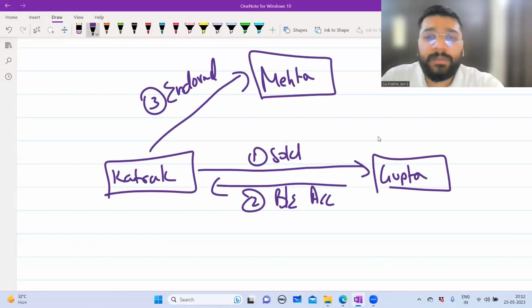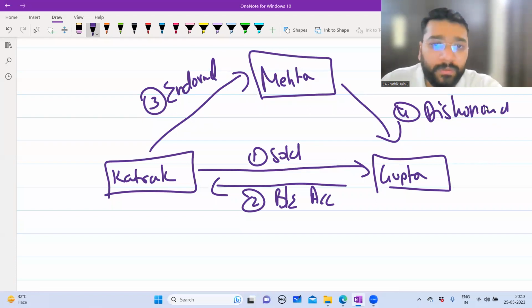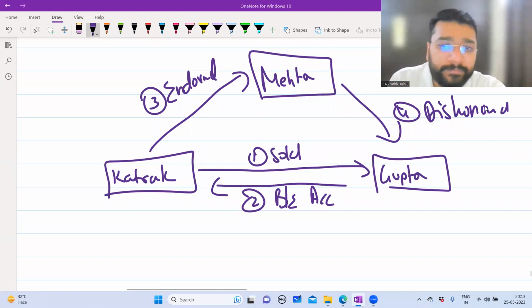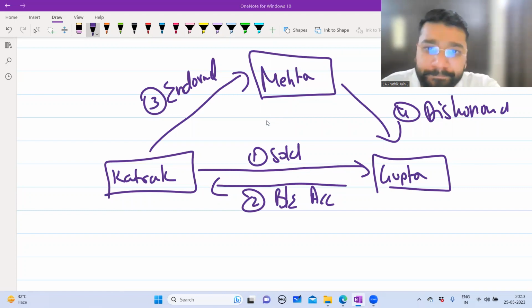So who's the holder of the bill? Mehta. Mehta is the holder of the bill. So who has taken the notary public along with him? Mehta would have taken the notary public to Gupta and got the facts recorded.